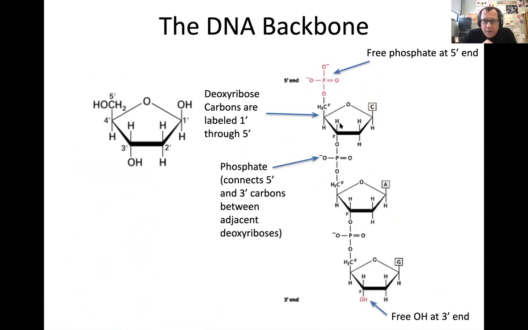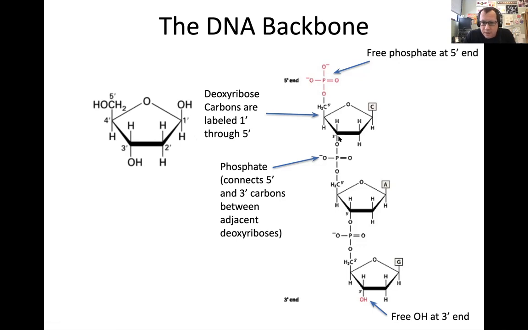If we look a little bit more specifically, we call that orientation 5' to 3'. If we look at the structure of deoxyribose all by itself, we can number each of these carbons. So this is the 1' carbon, 2' carbon, 3' carbon, 4' carbon, and 5' carbon.